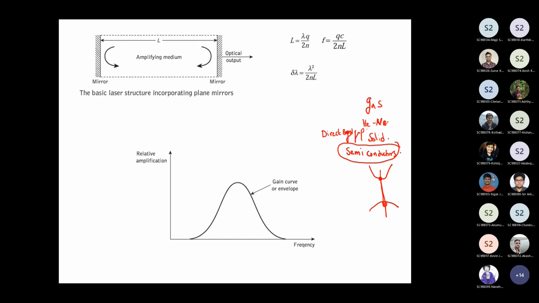So if I plot the gain spectrum, the relative amplification as a function of frequency or wavelength, the gain profile looks something like a Gaussian function in the case of these amplifying mediums, very similar to what you have in an electronic amplifier as well.